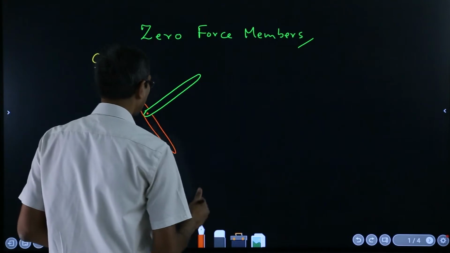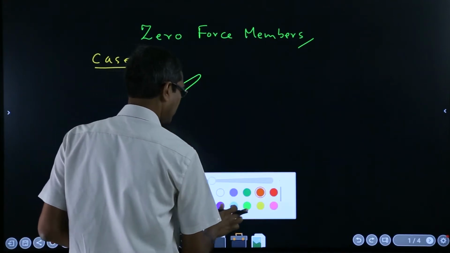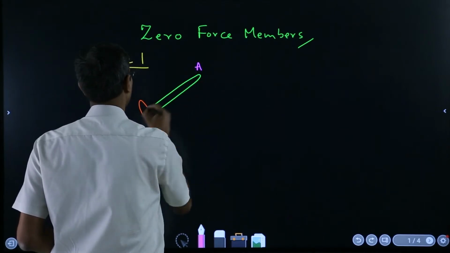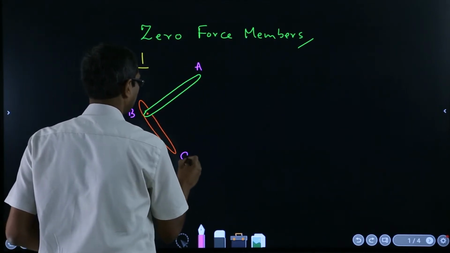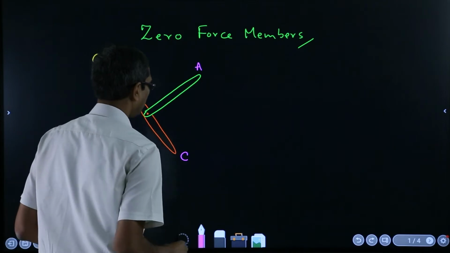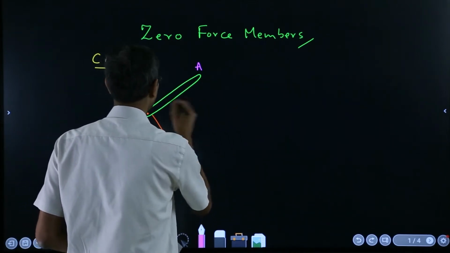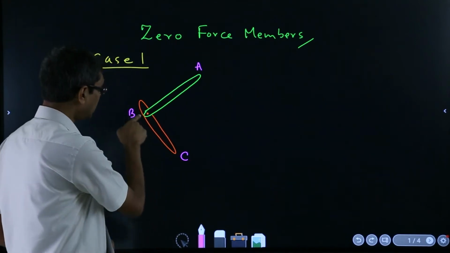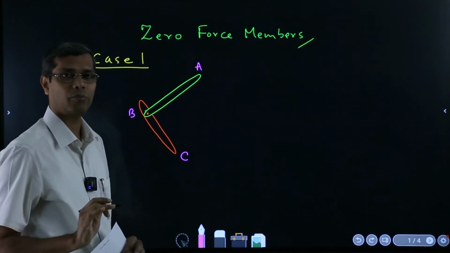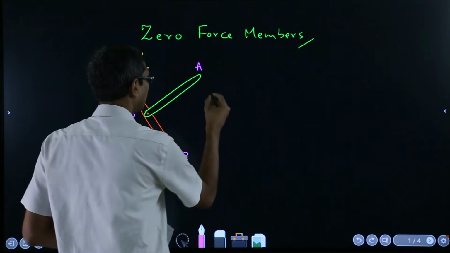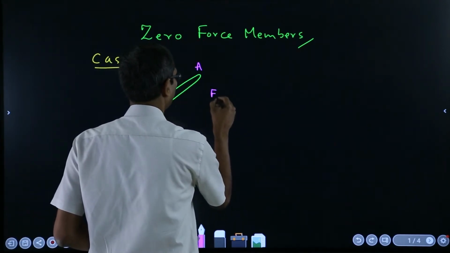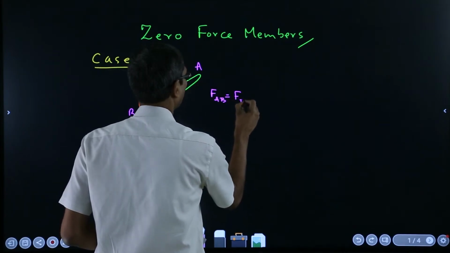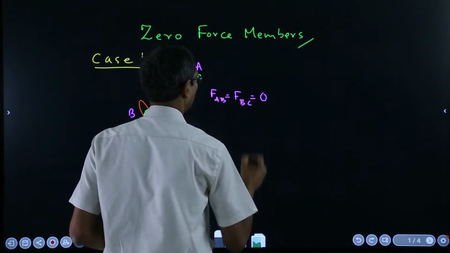Then we say that both these members, let me give some names to them as well. Say this is A, B and C. So that means AB and BC members. So in this case, and this condition is very important, if no external load is getting applied at that joint, okay, then both FAB is equal to FBC is equal to 0.